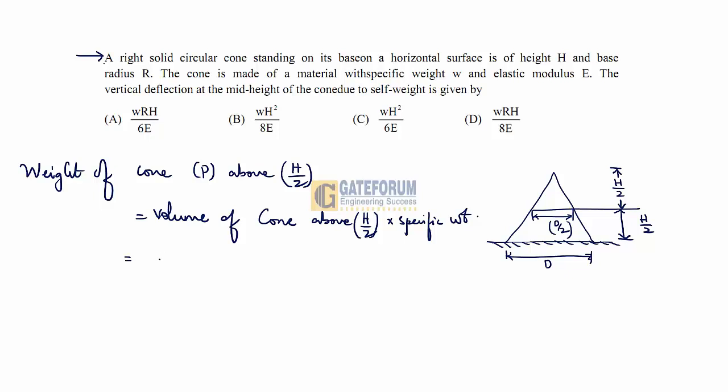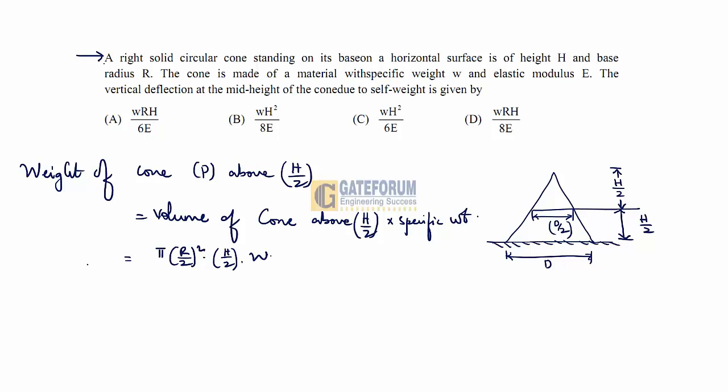The volume is given by area into height. So the base area is pi into r by 2 whole square, into h by 2 as the height, into specific weight w.